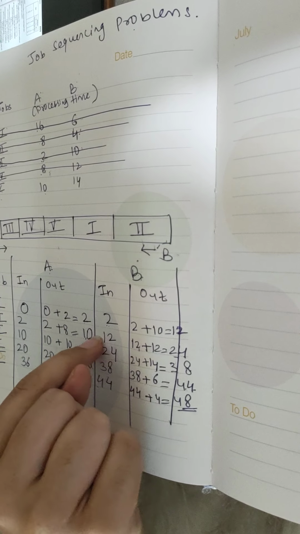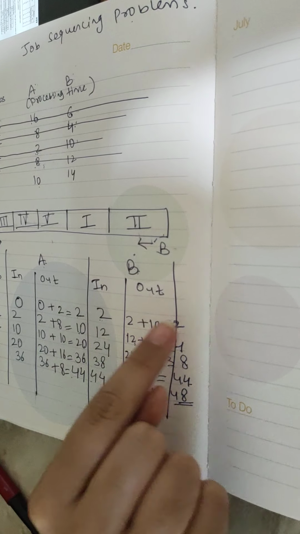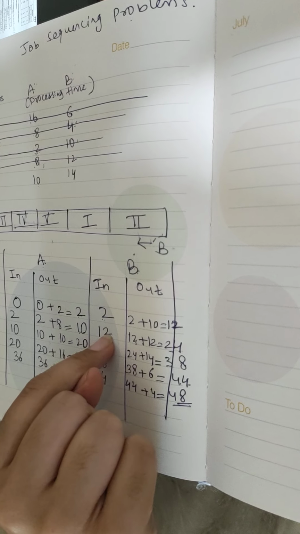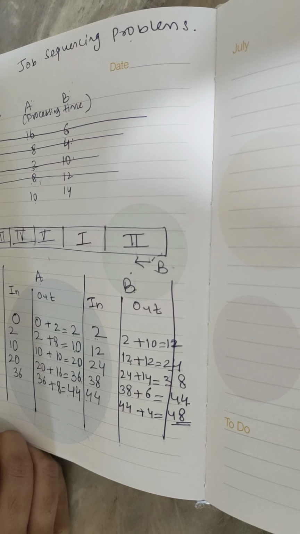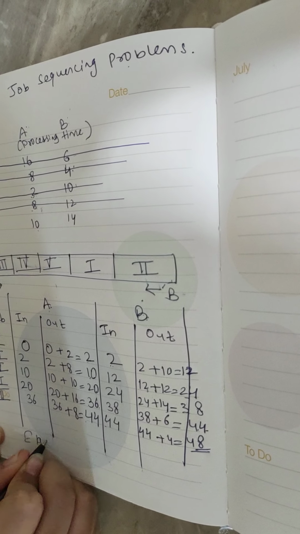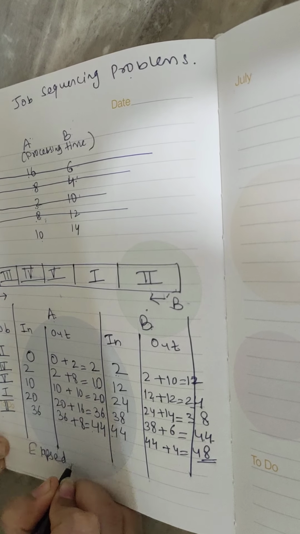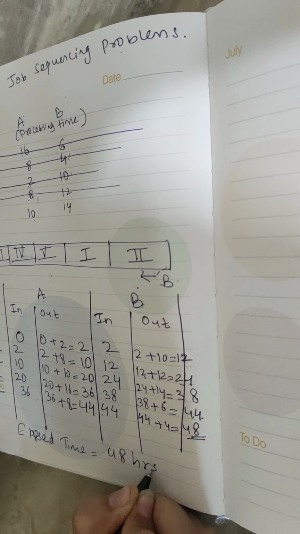So here the time can be different, but we need to find out what is the greater will be written here. After solving this, we need to write here elapsed time. Elapsed time is 48 hours.